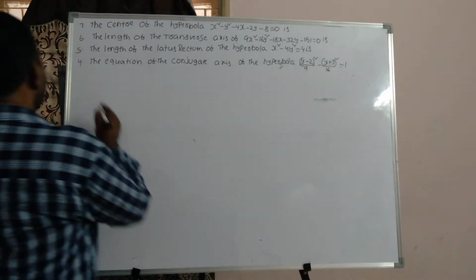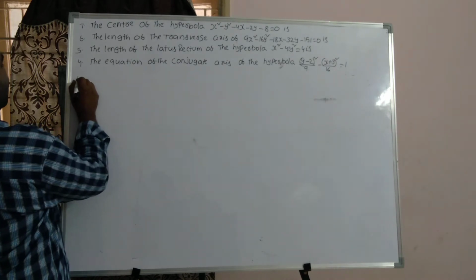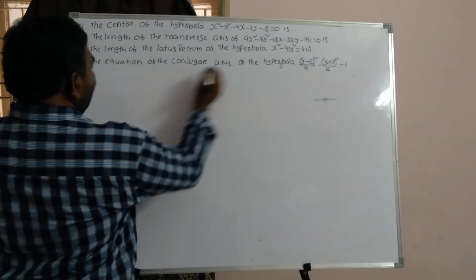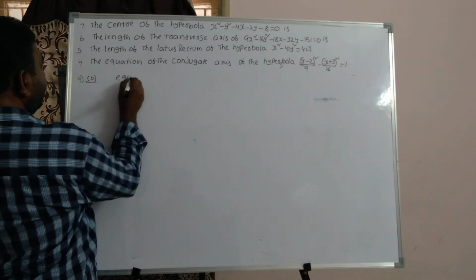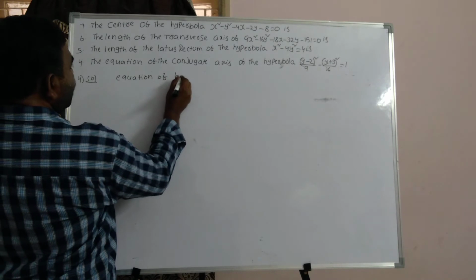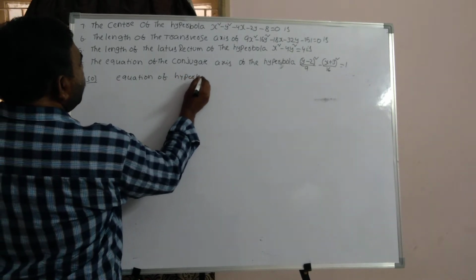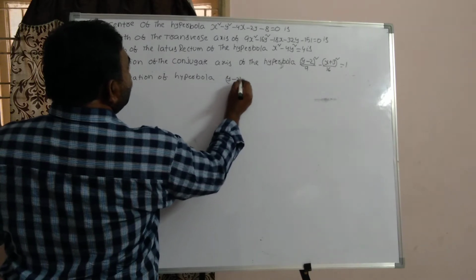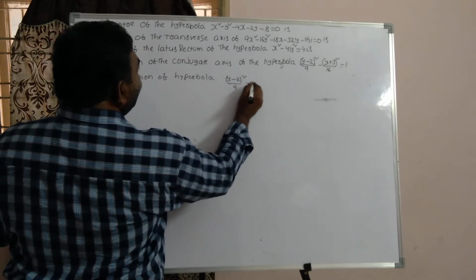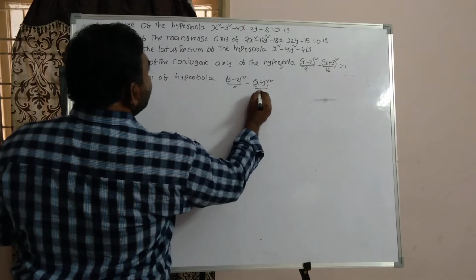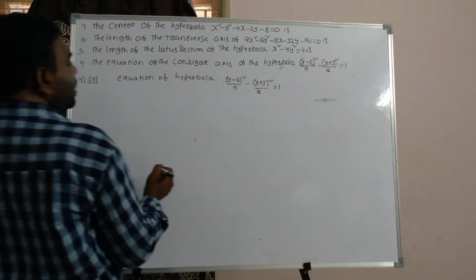Now explain the fourth one. So solution for the fourth. First of all, equation of hyperbola: y minus 2 whole square by 9 minus x plus 3 whole square by 16 is equal to 1.